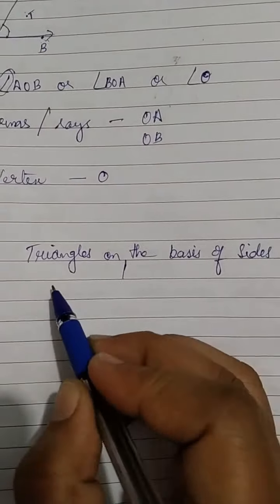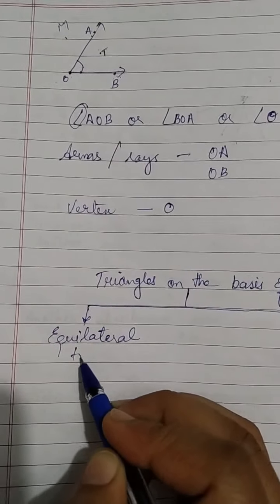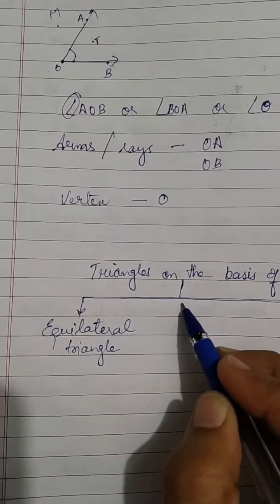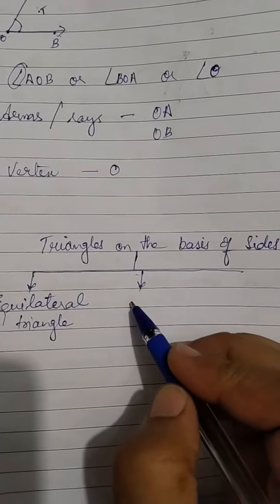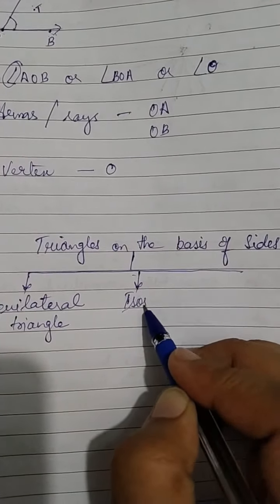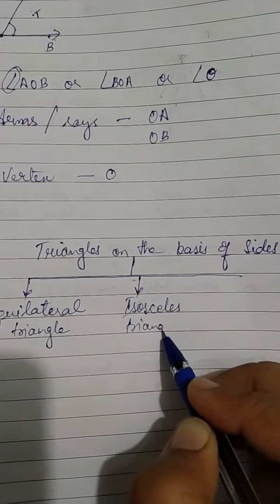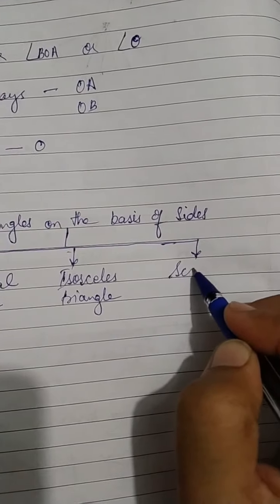So there are three types of triangles. First is equilateral triangle. Then next is isosceles triangle. And then the last is scalene triangle.